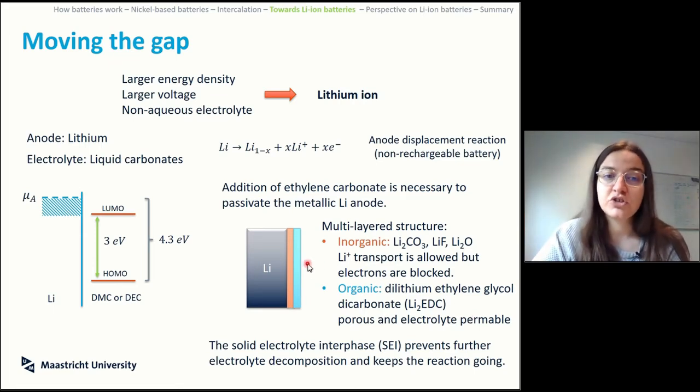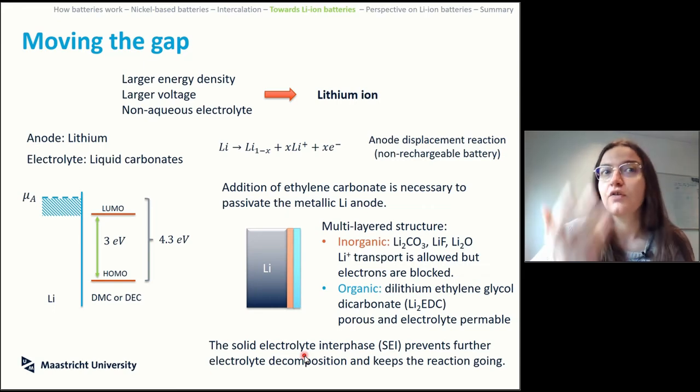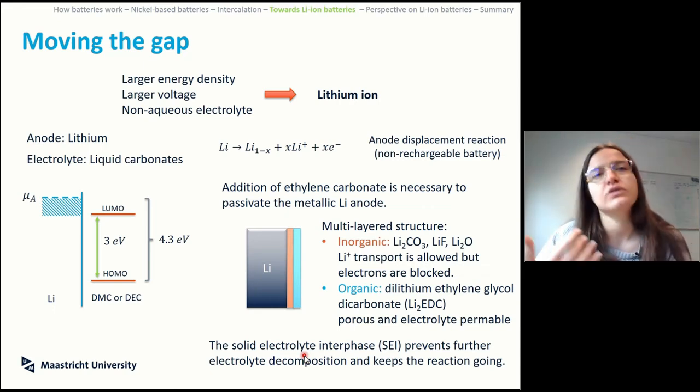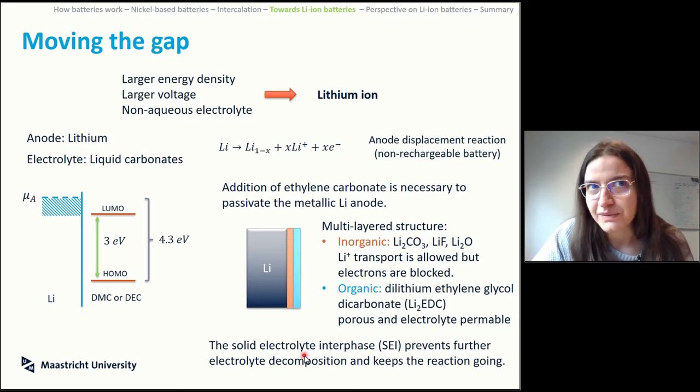So this thing changes slightly the potential of your anode because it's a passivation layer, so it imposes a difference of chemical potential, which will go into a difference of potential of your material.